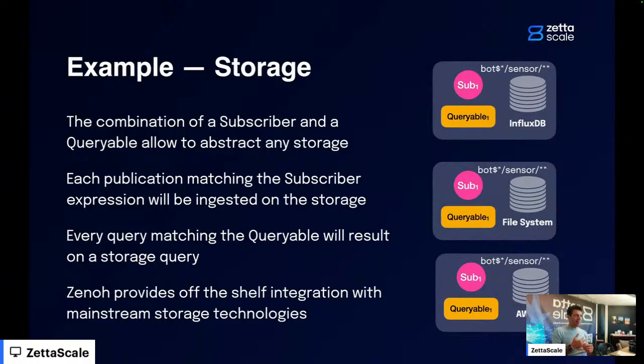I mean, there are lots of very smart people that have worked on optimizing databases for decades. We leverage those, and we actually unify them behind an abstraction. And so all of a sudden, even your query doesn't care what kind of database you have behind. It could be Influx, could be a file system, could be memory, and so on and so forth.